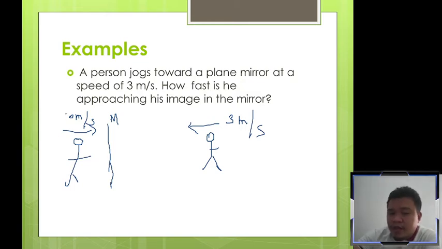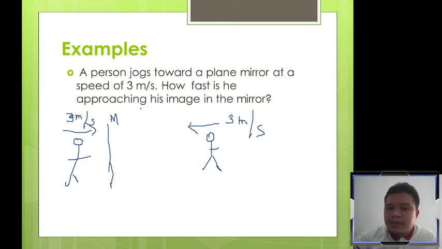Let's say that his image observes the actual object running to the mirror at 3 meters per second. You have to take note that this image is also moving at 3 meters per second, right? Since they are approaching each other, what will be the perceived speed of that image as this person approaches the mirror?